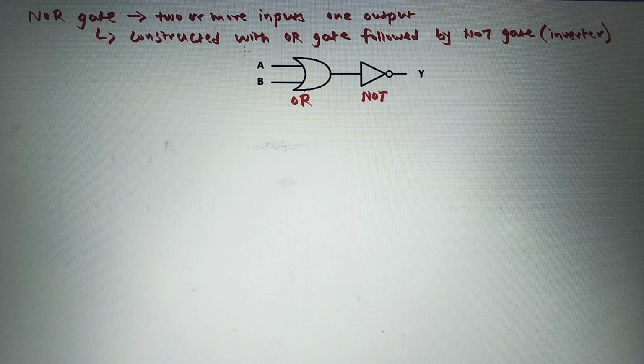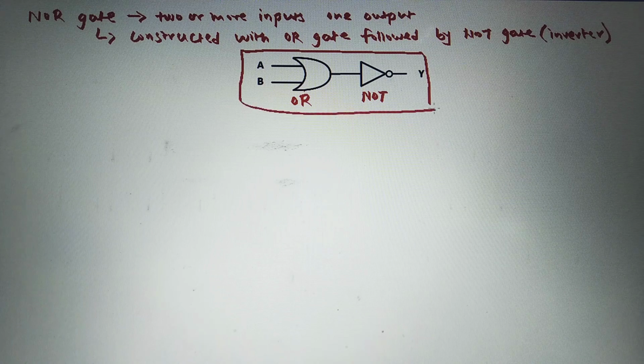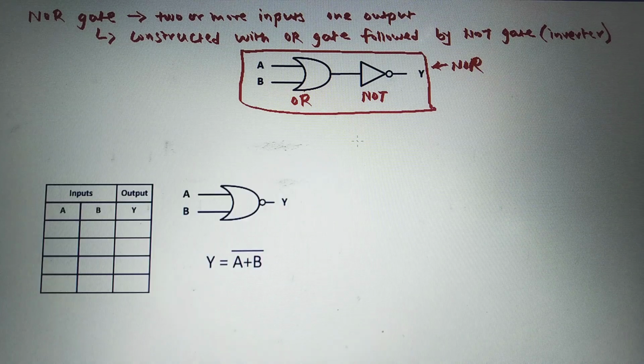So this combination of OR gate followed by NOT gate is the NOR gate. Now next we will see the symbol for NOR gate.